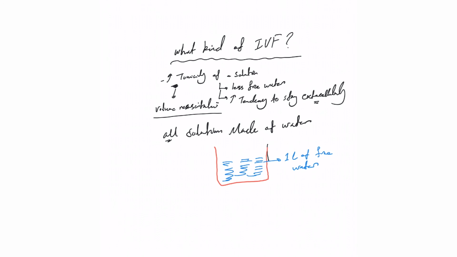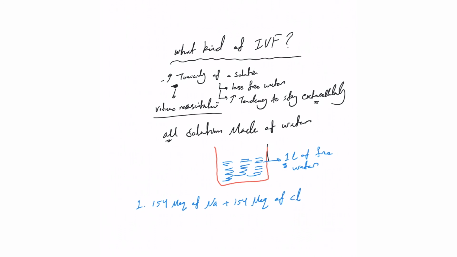Now, in our first case, I decided to add to this 1 liter of water 154 milliequivalents of sodium and 154 milliequivalents of chloride.